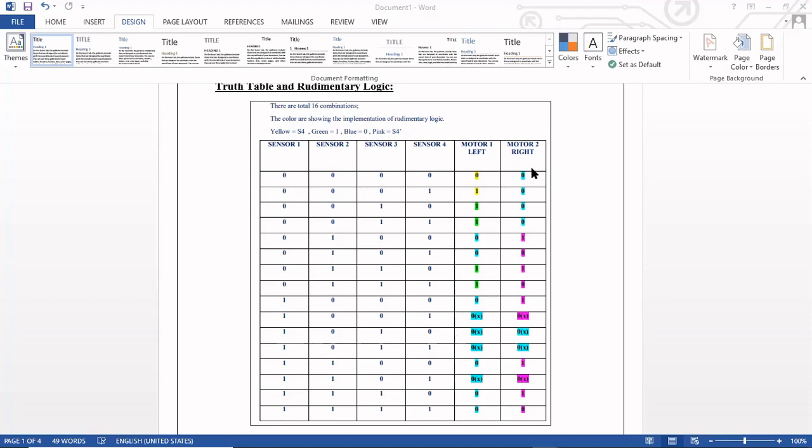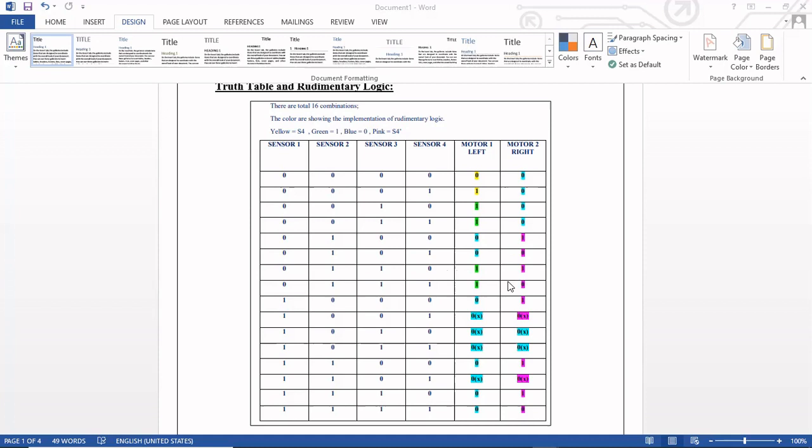Now, by comparison with the right motor, there is 0, 1, and for the right motor there are 0, 0 for the first pair. So we have 0 at the output. Again, there is 0, 1, and we have 0, 0, which is represented by blue color. Then 0, 1, and we have 1, 0. It means that we have the invert of sensor 4, the complemented input of sensor 4. So we have S4 prime, which is represented by the pink color.